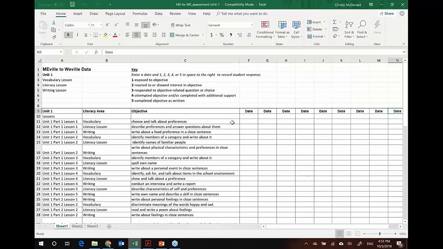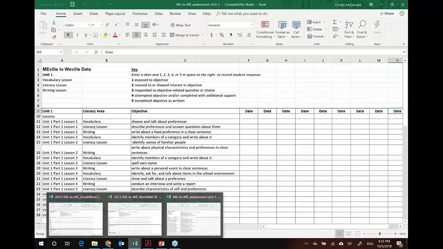And so you can date when you did this lesson with your students, and again you can use this scale to indicate your students' level of understanding. But it's a nice way for you to track what you have covered over the course of the year with your students in terms of the lesson objectives.